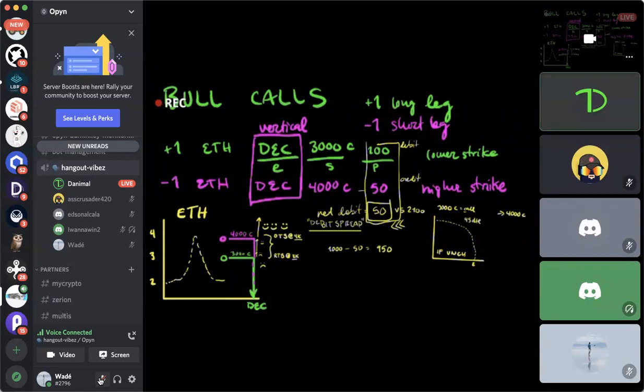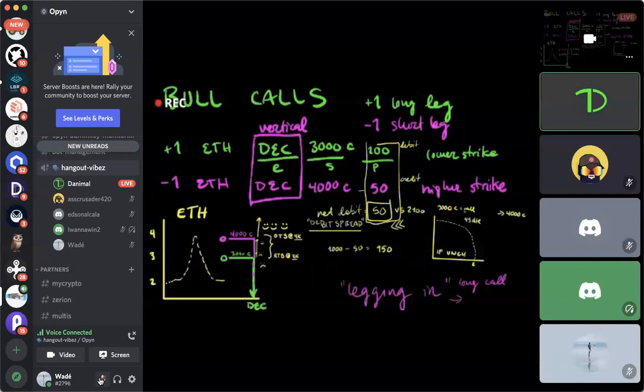And then on top of this, let's talk about legging in. Which is starting with one leg, just purchasing the long call alone. And then later selling the short leg when it's more advantageous to do so. You don't want to just think about one strategy or another strategy.